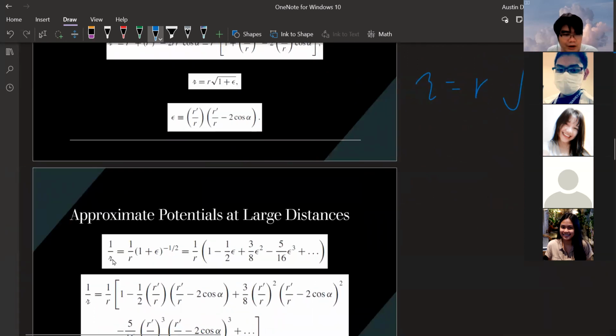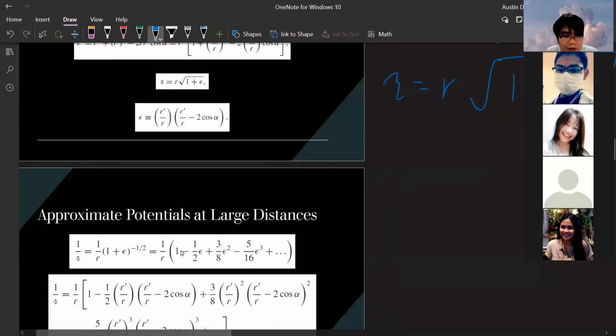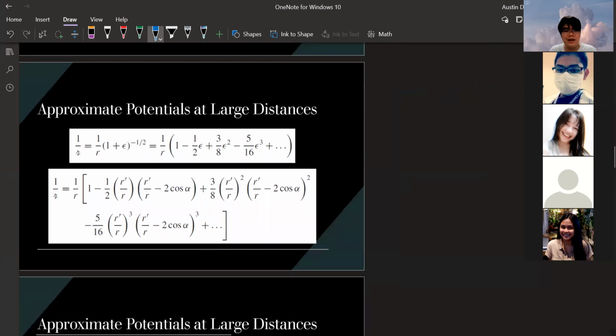So, ayan ang expansion mo. Okay? So, 1 over curly r is just 1 over r, tapos 1 plus epsilon tayo. Tulad ng kanina, yung exponent niya is negative 1/2. Okay? Then I do the expansion, 1 over r, 1 minus 1/2 epsilon plus epsilon squared, etc., etc. Okay?